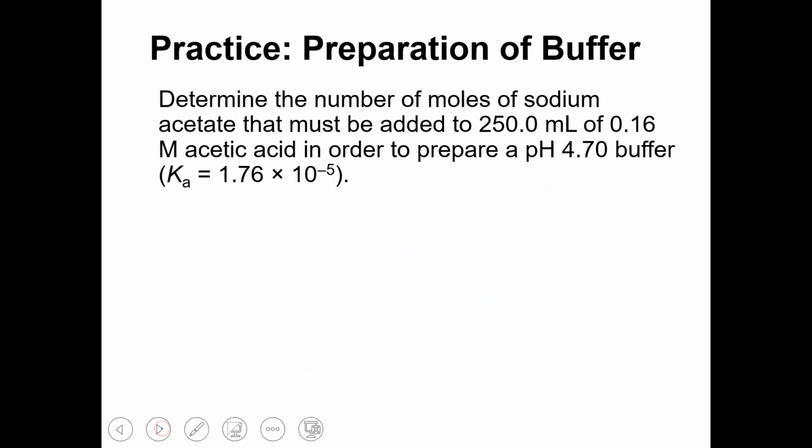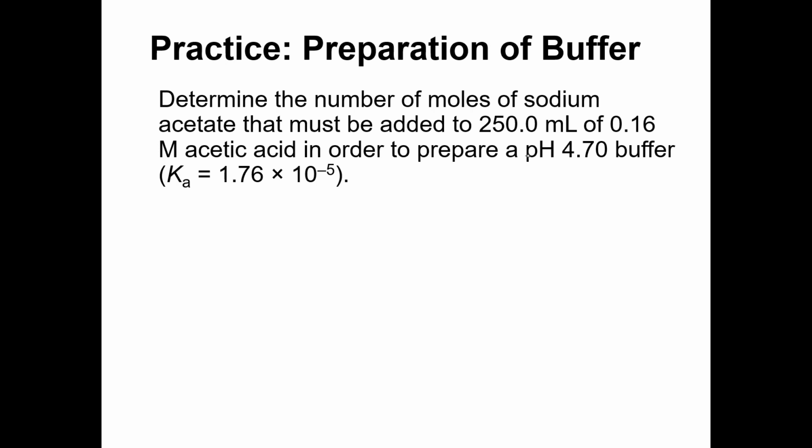So let's take a look at another example here. We want to determine the number of moles of sodium acetate that must be added to 250 milliliters of 0.16 molar acetic acid in order to prepare a pH 4.70 buffer. So this time we have the pH, and we want to know how much of one of the components we need to add.